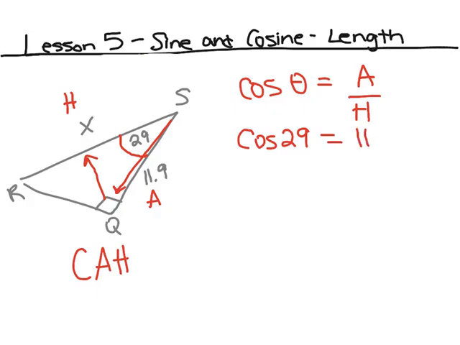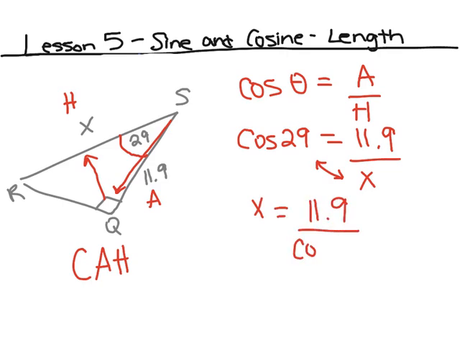We know our A to be 11.9, and our hypotenuse is X. Because X is on the bottom, we're going to flip them around. So X is equal to 11.9 divided by cos of 29. When you type that into your calculator, 11.9 divided by bracket cos 29 bracket, you should get 13.6 centimeters.